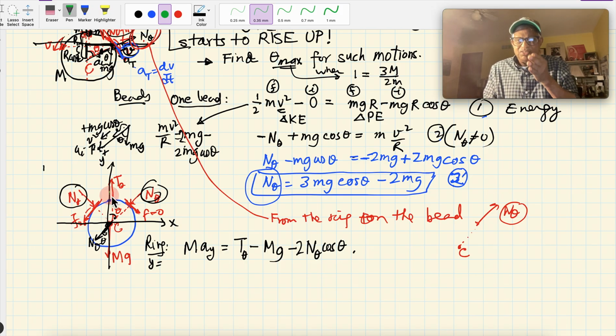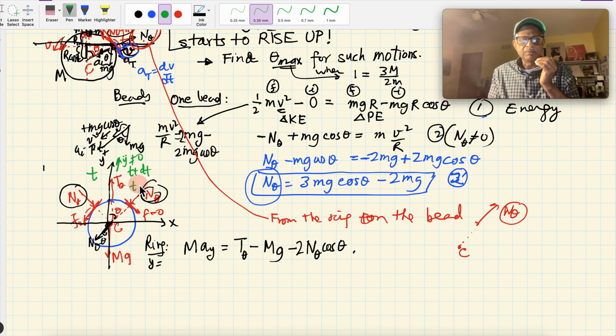At the instant t, if you look at t plus dt, y double dot will be non-zero. At t minus dt, y double dot will be 0. So at t, we're going to just set y double dot, or this a_y, to 0, right?